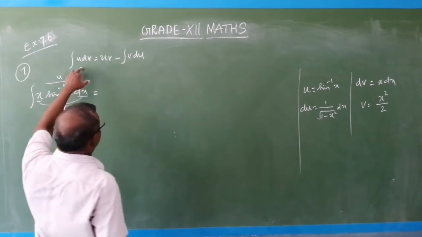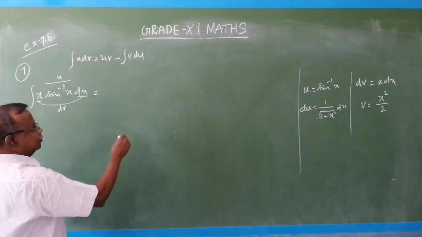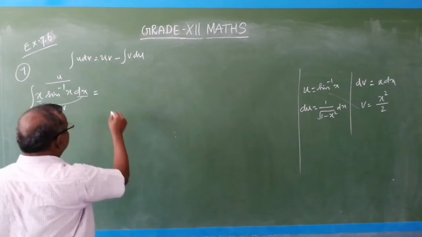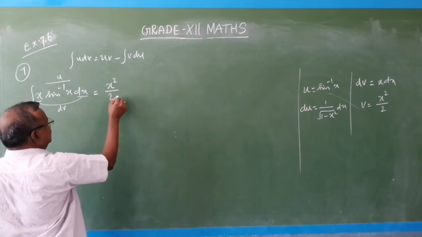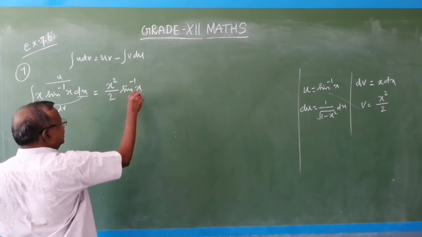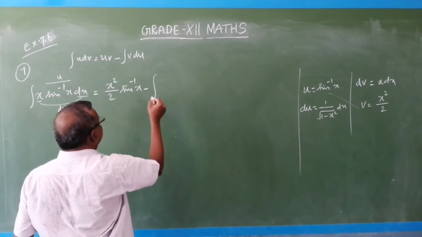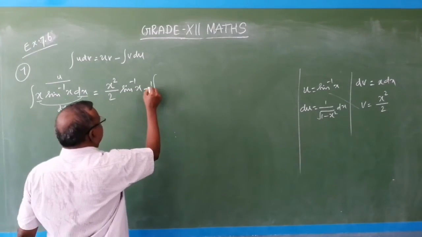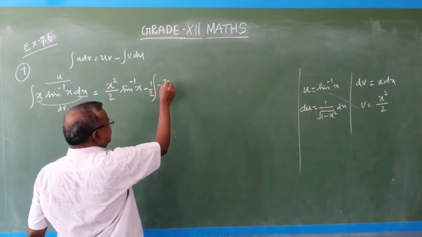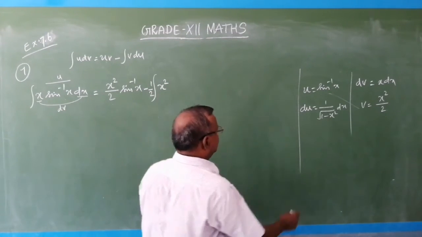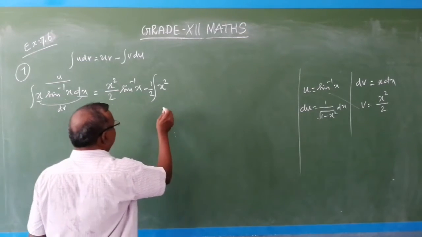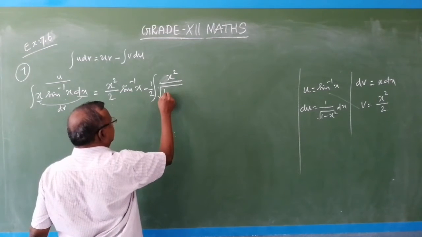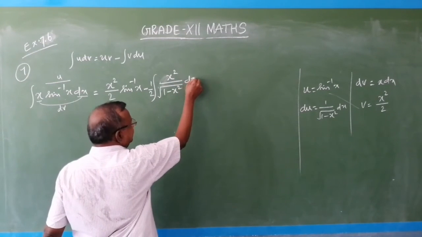So, by the formula integral u dv, we have uv, that is x square by 2 into sin inverse of x, minus integral v du. V means x square by 2, that is 1 by 2 into x square, and du means 1 by root of 1 minus x square, that is x square divided by root of 1 minus x square into dx.